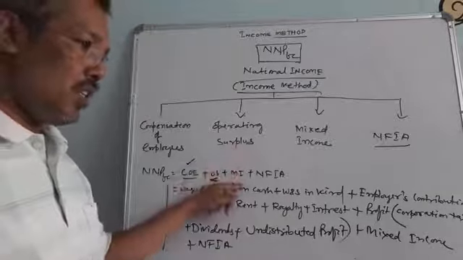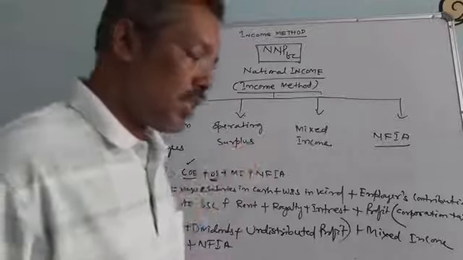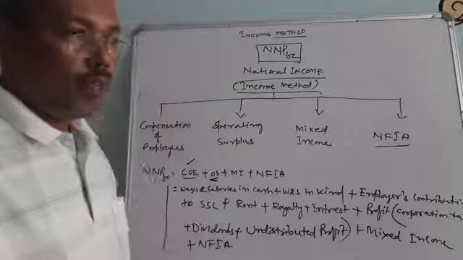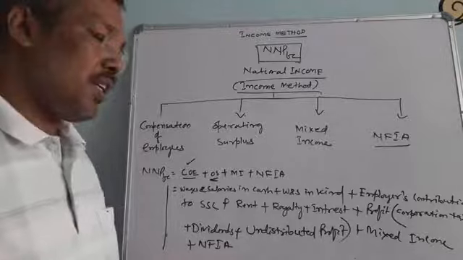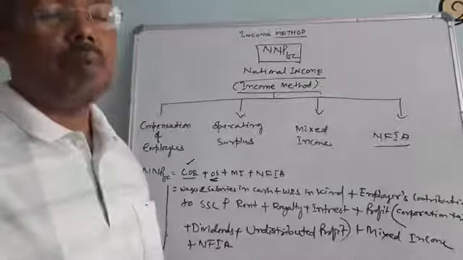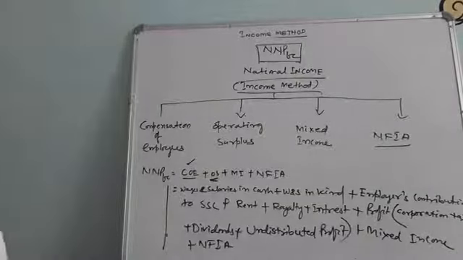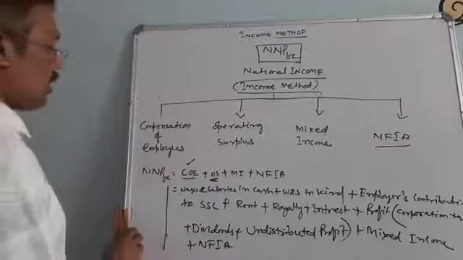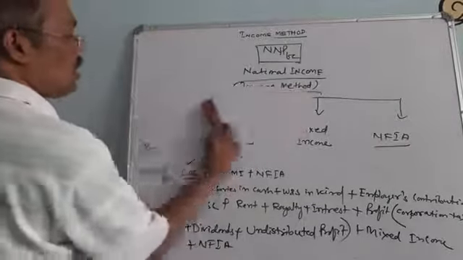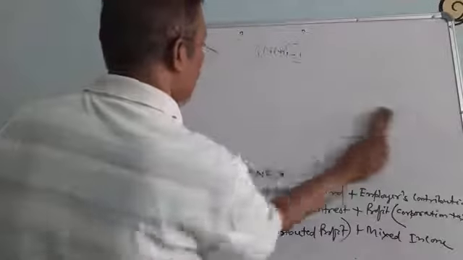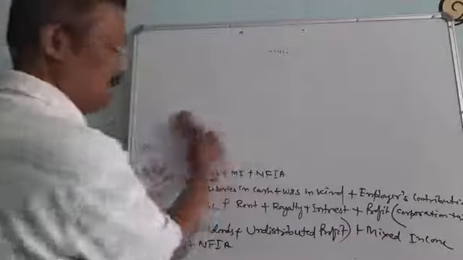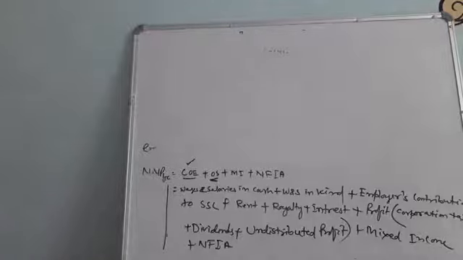Similarly by industry, similarly by tertiary sectors. So national income by income method can be classified into three categories: primary, secondary and tertiary sectors. So these are the steps involved in the calculation of national income.